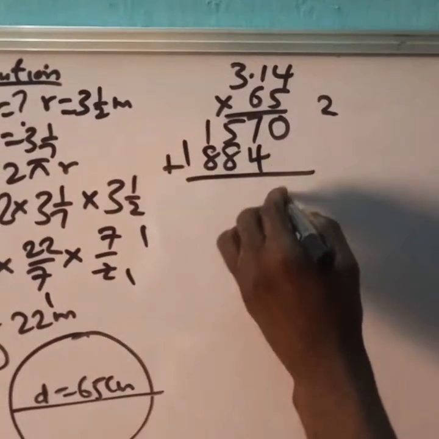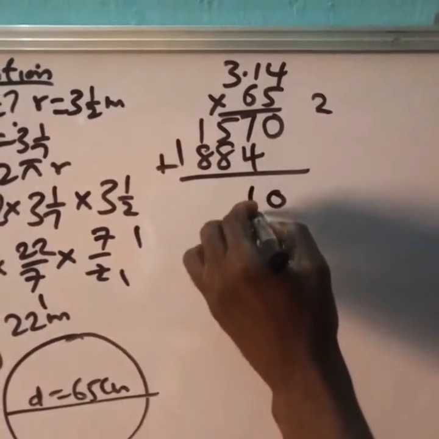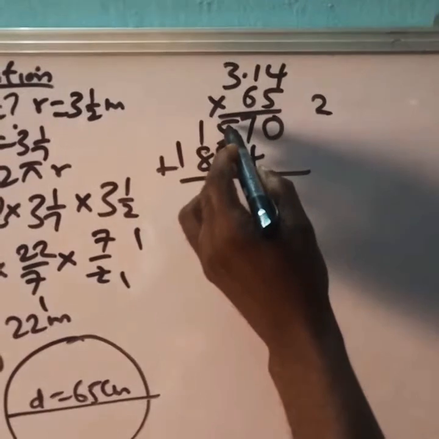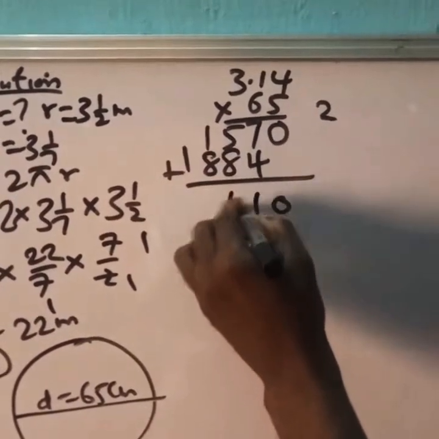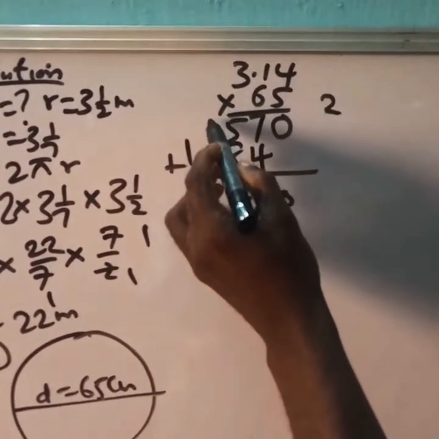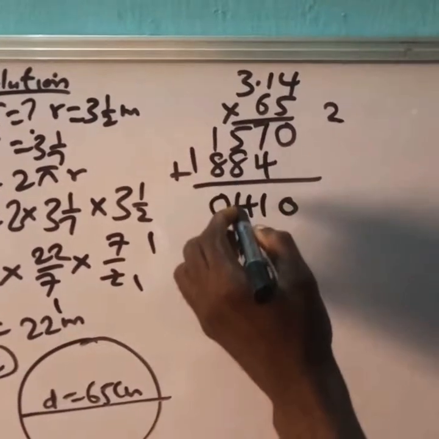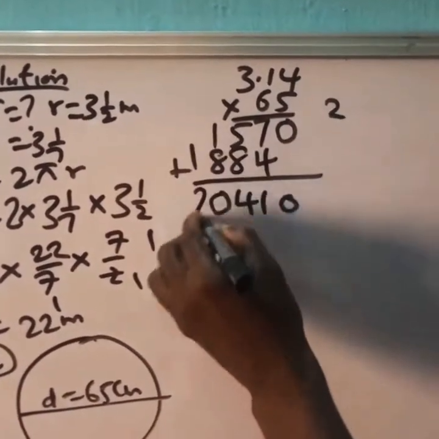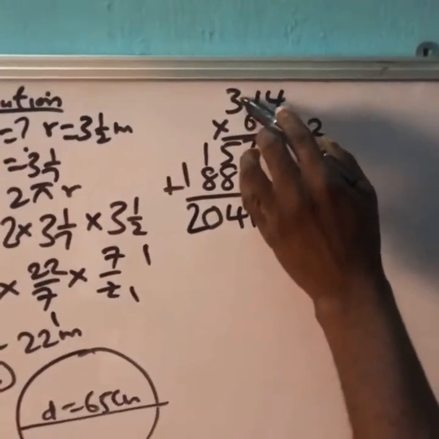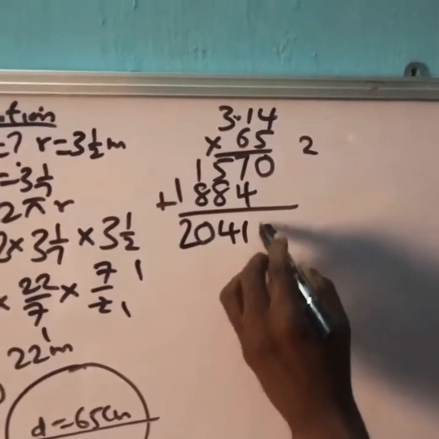You add everything up, 7 plus 4, 11, carry 1, 1 plus 5, 6, 6 plus 8, 14, carry 1, 1 plus 1, 2, 2 plus 8, 10, 10, carry 1, 1 plus 1, 2. We have two numbers behind the decimal point, so you count 1, 2.